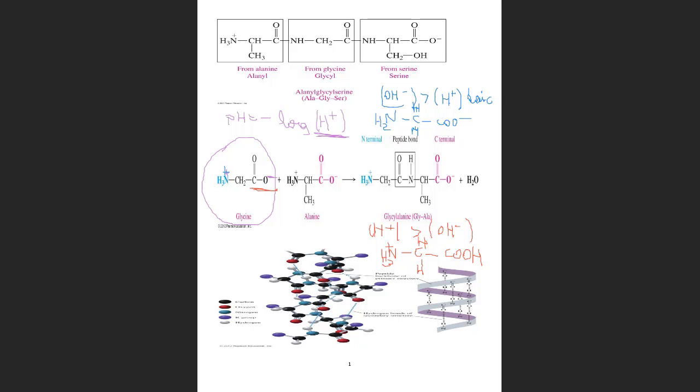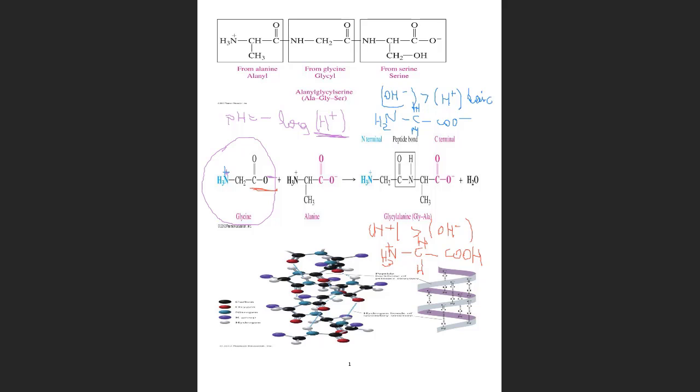And when the molecules have a charge, they are more soluble in water. So if the pH is above the isoelectric point, or the pH is lower than the isoelectric point, we will have ions, positive or negative, and then the molecule will be more soluble.